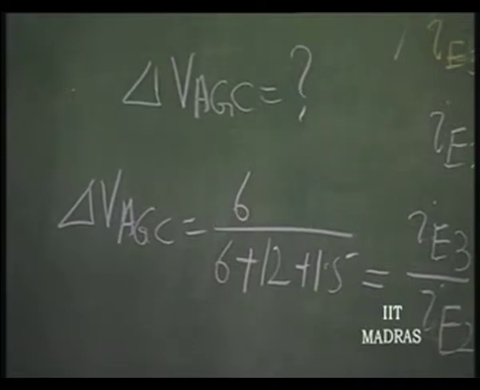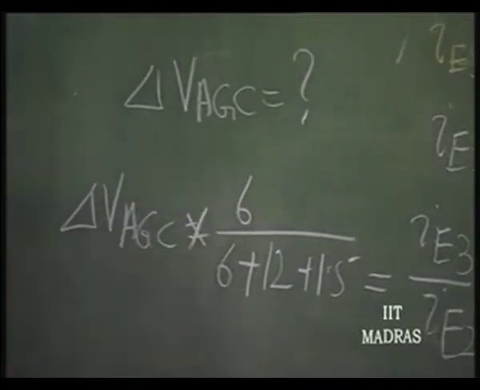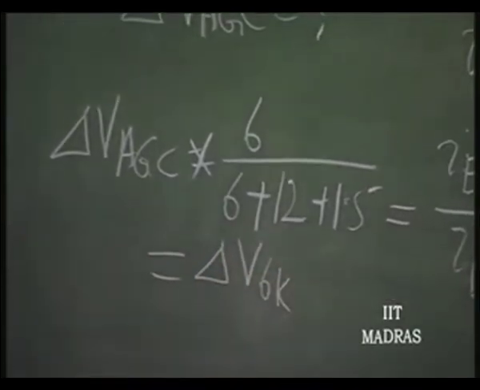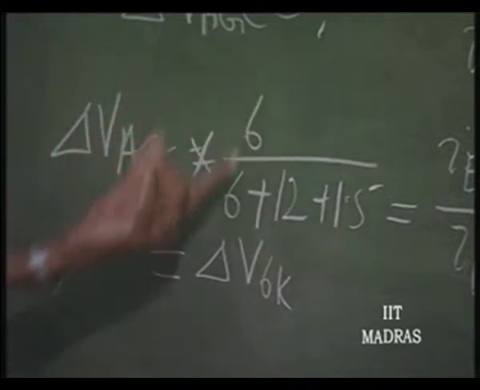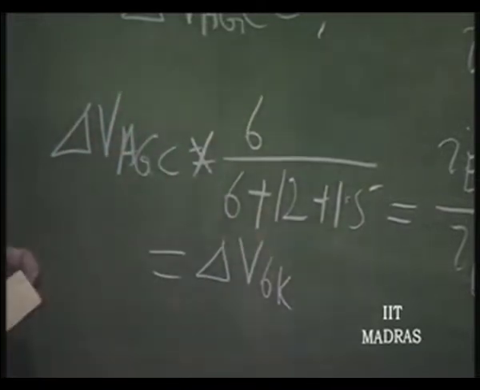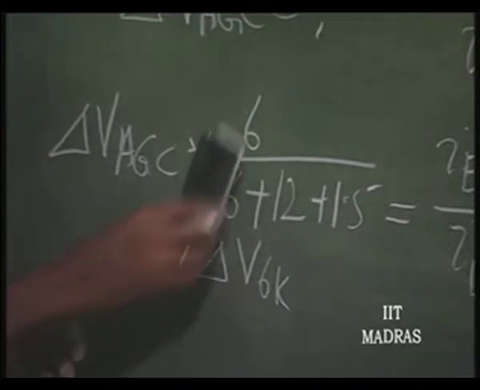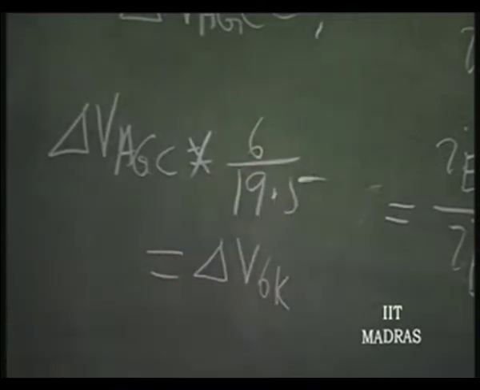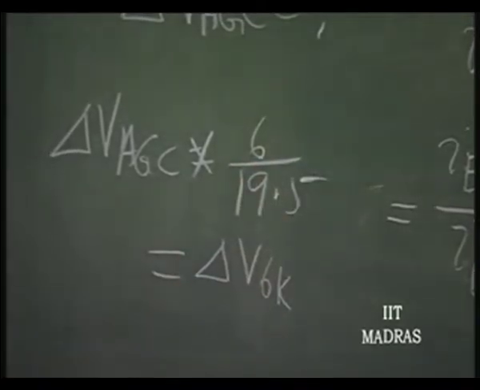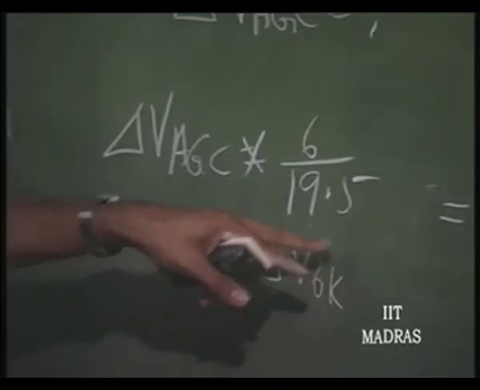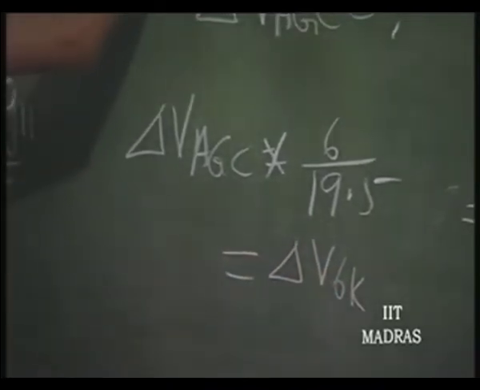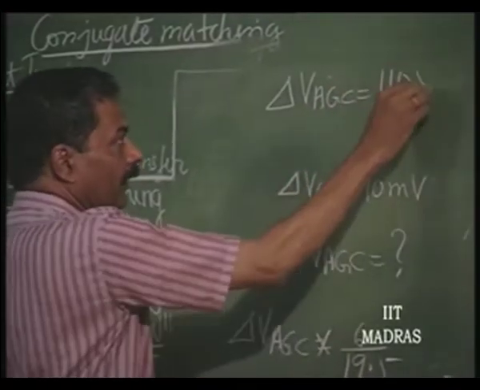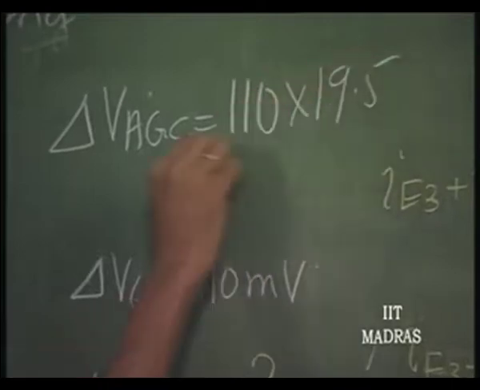Delta VAGC is attenuated by this extent, and that is delta V6k. Delta VAGC into 6 divided by 19.5. So, if delta V6k is 110 millivolts, then delta VAGC is 110 into 19.5 by 6.